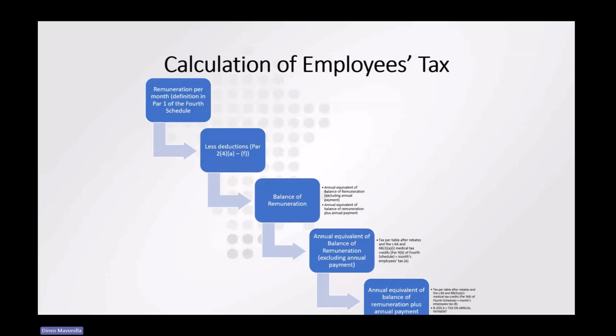Then whatever we get as a tax for the amount plus our annual payment, we would less that by the normal tax. That will then give us the tax on the specific annual payment. So for instance, the bonus, then we would get the tax on that bonus. Then that plus the normal tax that we would have paid will be our tax payable for that specific month. But we'll do a calculation so that we can understand this a little bit better, because the theory of it is not easy to picture in our mind.